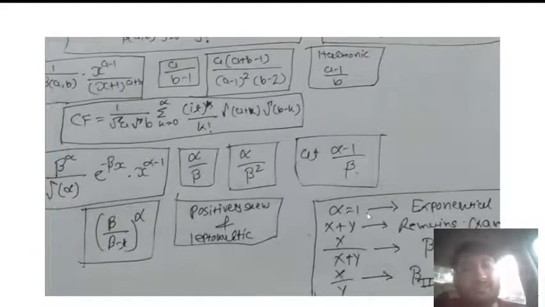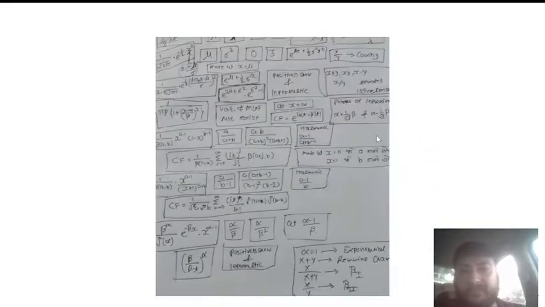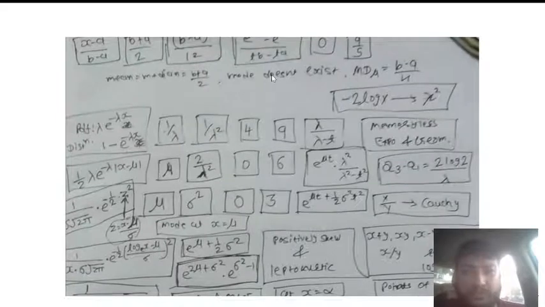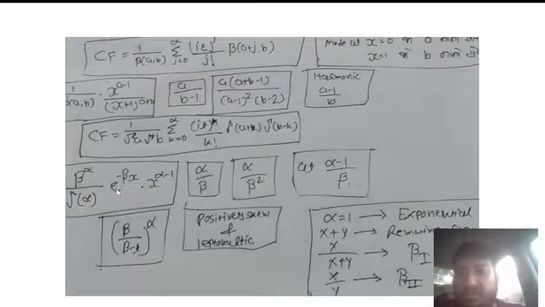If alpha is equal to 1, it turns into the exponential distribution, which we have seen earlier. The moment generating function of the exponential distribution is lambda upon lambda minus t, while the moment generating function of the gamma distribution is beta upon beta minus t.